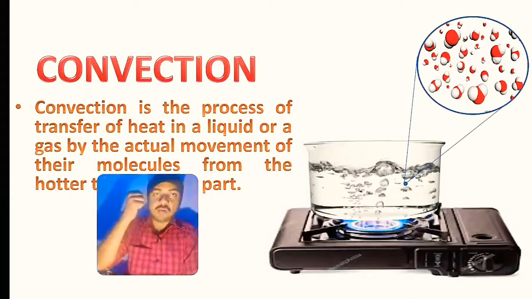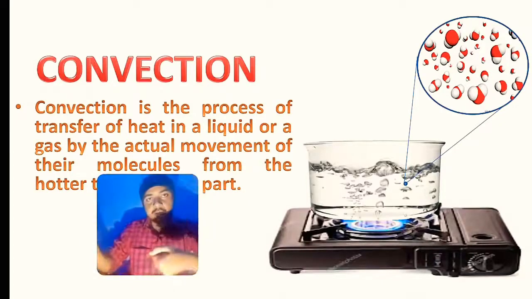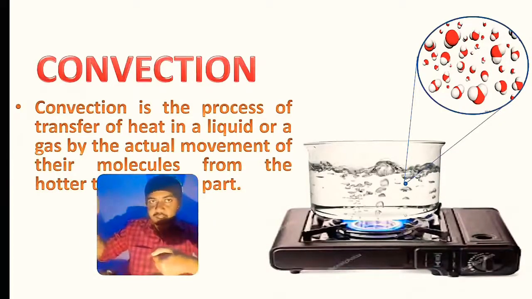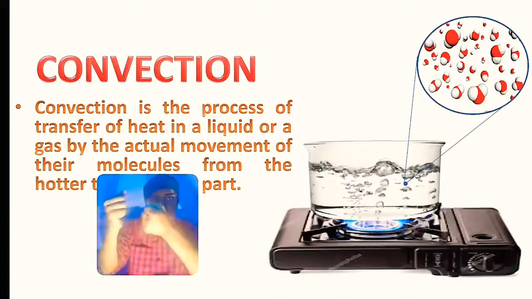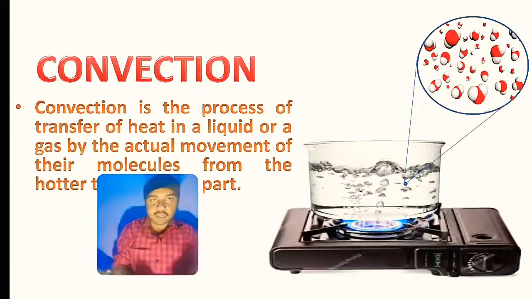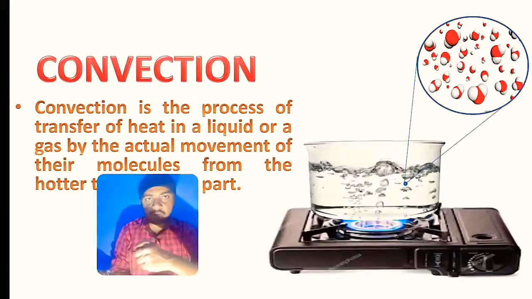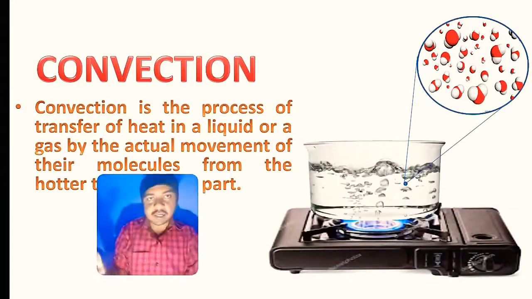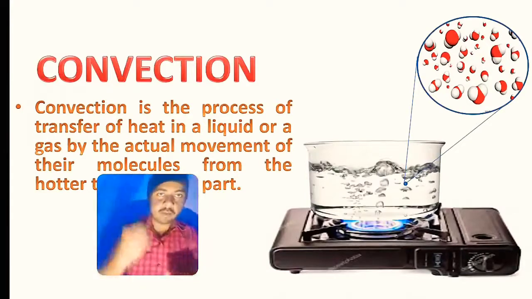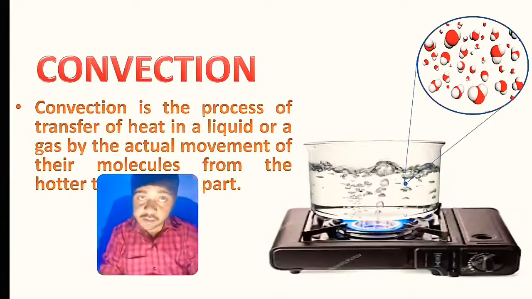Let's say this one is here, this one is here. This one will get heated and come up, then it will go down, then it will get heated, and when similarly all of them are heated, the temperature is rising again and again, and once the temperature reaches 100 degrees, they will start evaporating also. So this is convection.